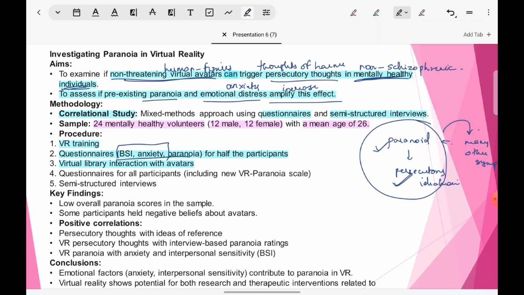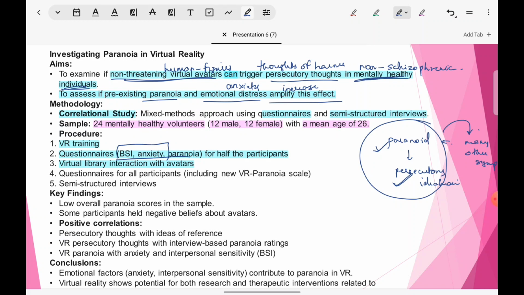I'm repeatedly emphasizing this. In the May 2024 paper, there were a lot of questions on the VR paranoia questionnaire, which was designed by the researchers. And many students were not able to answer those questions because they did not take the unit seriously. So don't be in that mood that you can just take an overview and be able to answer the paper well.